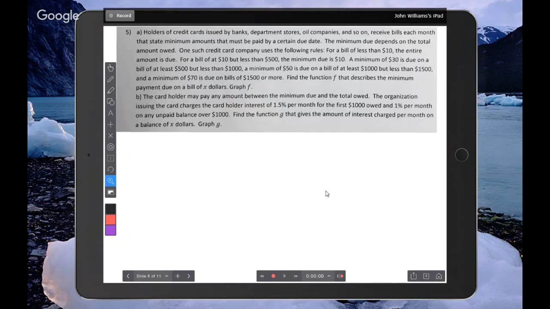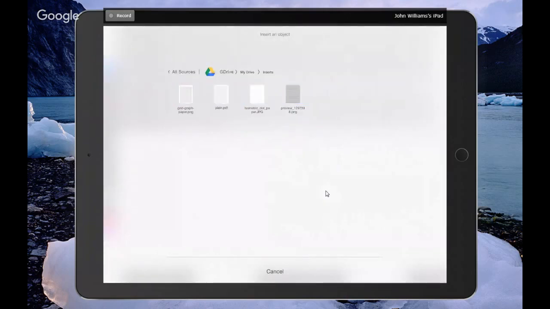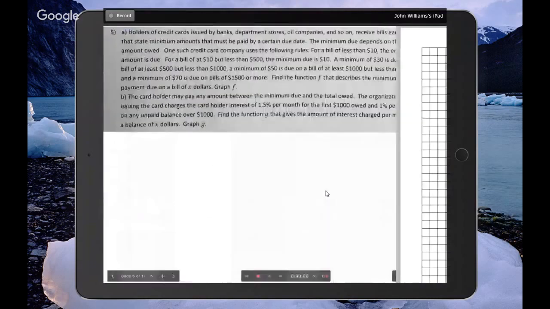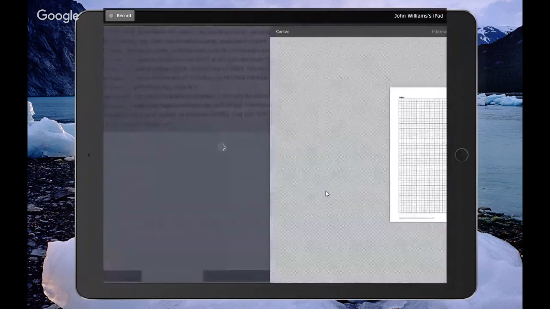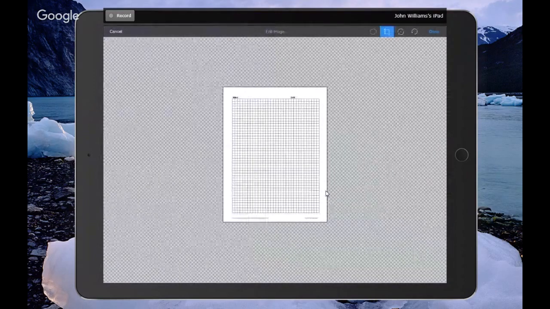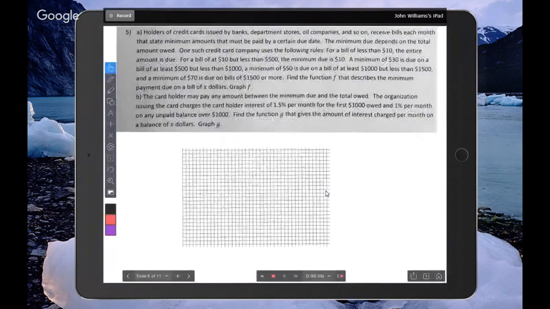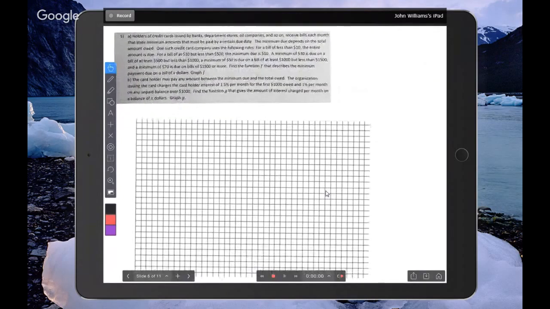So first of all, we've got a graph with a nice set of constant functions. Kind of fun. I'm going to make the instructions a little smaller, my graph nice and big.